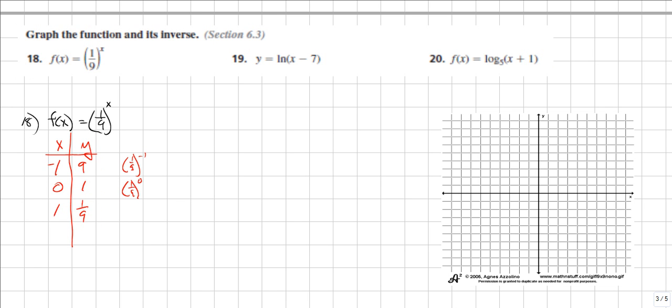Okay, so the asymptote of this is going to be at y equal to 0, since it's an exponential. We can see that when x is a negative 1, I'm going to have 9 for y.